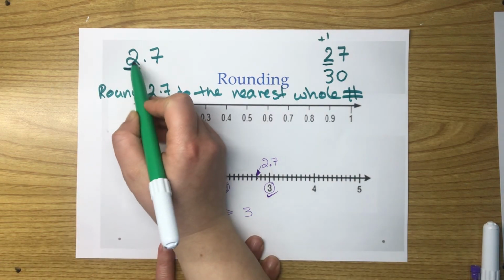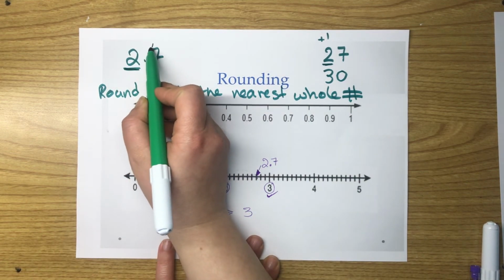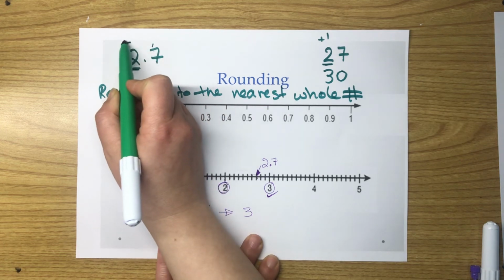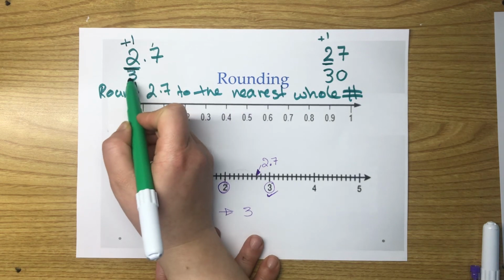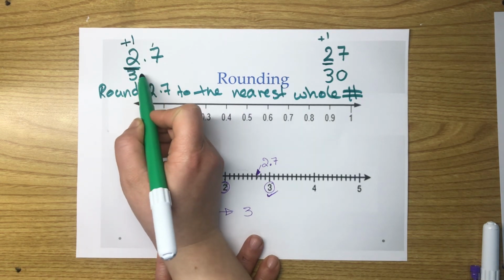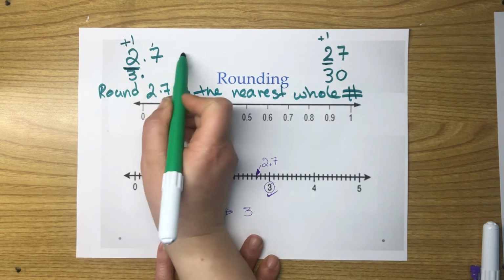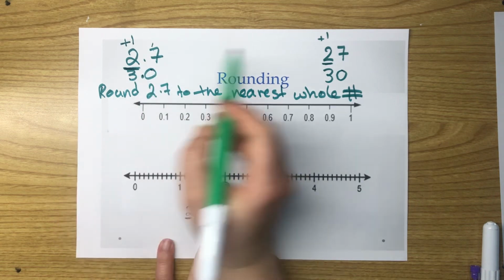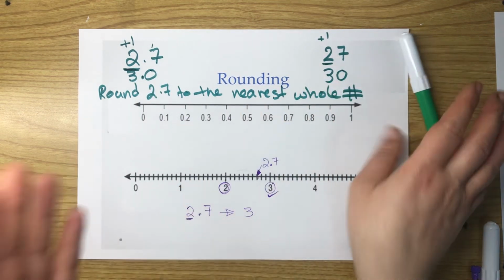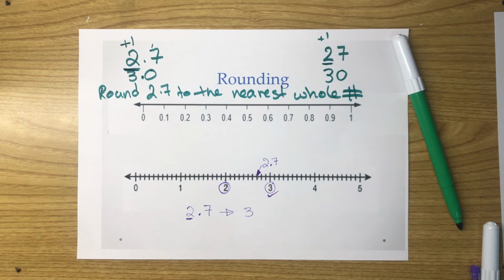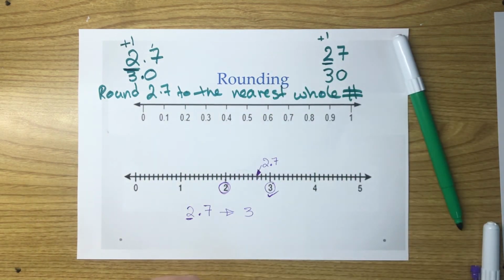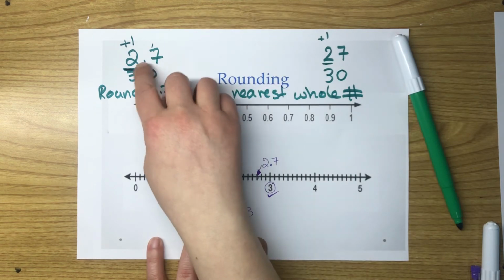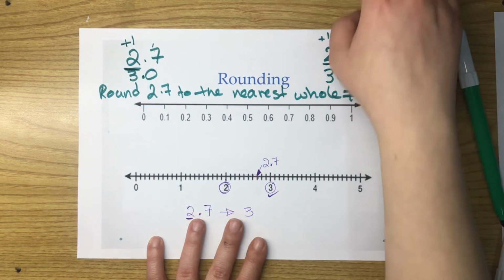Find your number, look right next door, 5 or more, add 1 more. 1 plus 2 equals 3. Always keep the point, guys, and the rest goes to 0. So actually rounding decimal numbers is not that different than rounding whole numbers. We just have the decimal point added there, okay?